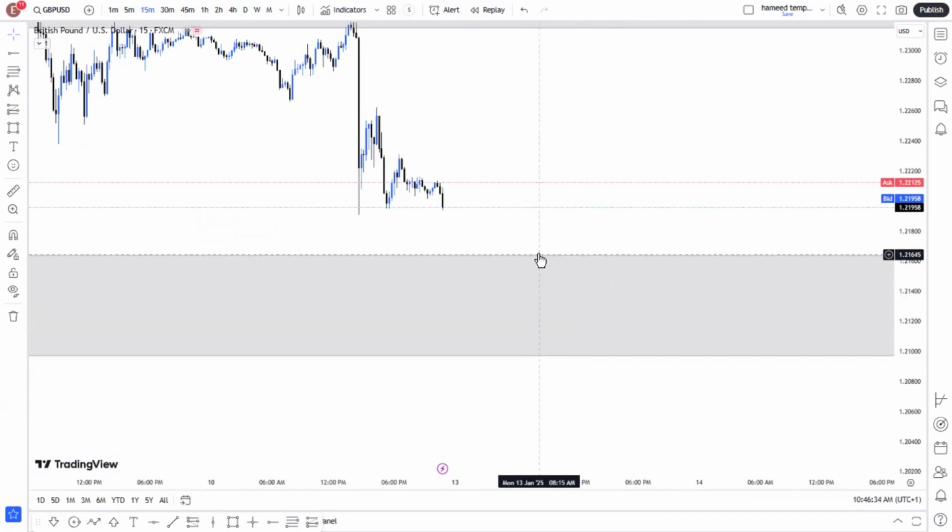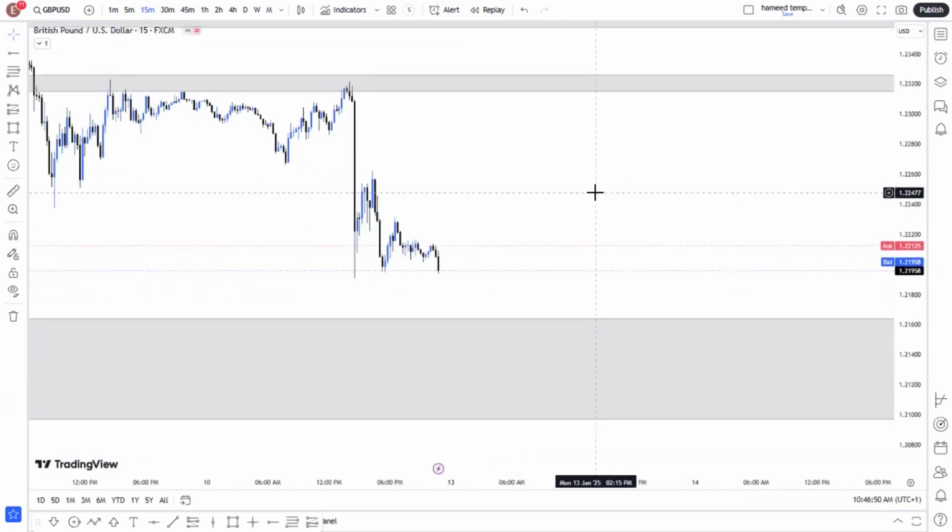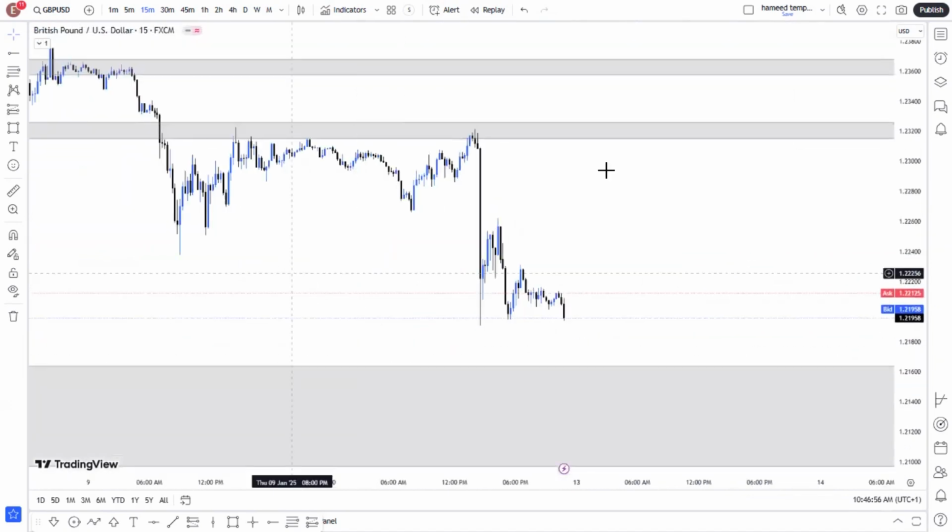If it gets to this bar on daily time frame, it might give me a buy scenario, a buy entry confirmation. If I see a buy entry confirmation from here, I will ride the buy. Right. So that's what I'll be expecting on GBPUSD. So that's that on GBPUSD. Now let's move to another pair, which is USDJPY.